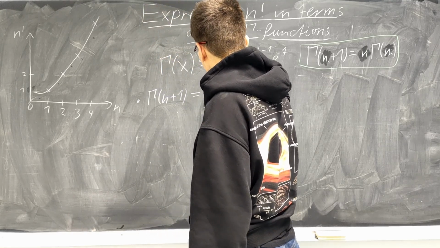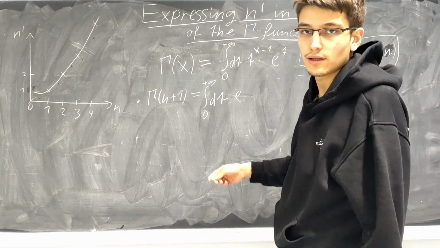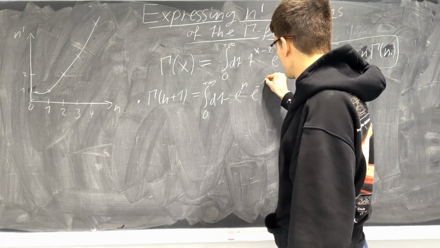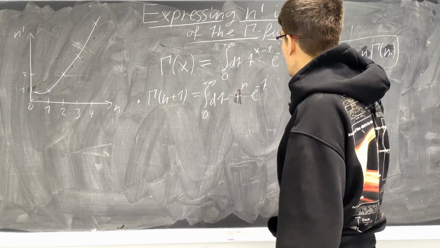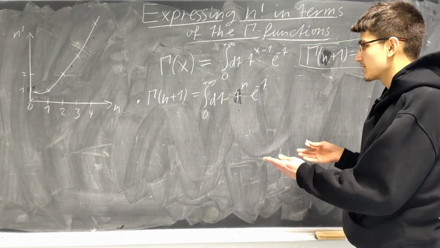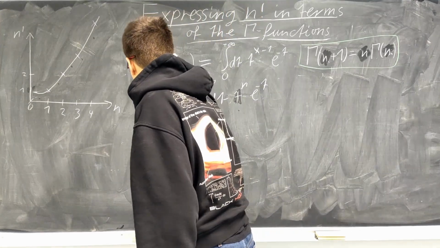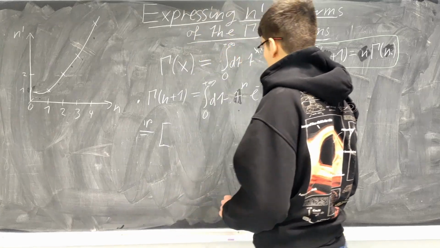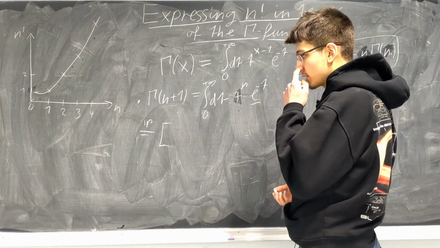If we look at our integral for the case n plus 1, it's just the integral of t to the power of n, e to the power of minus t. If you see that, what do you do? Yes, integration by parts. So let's take e to the power of minus t, because it's easy to find an antiderivative here.